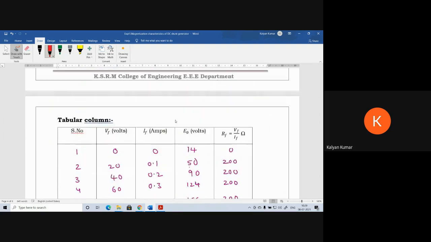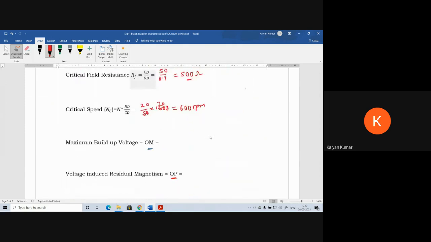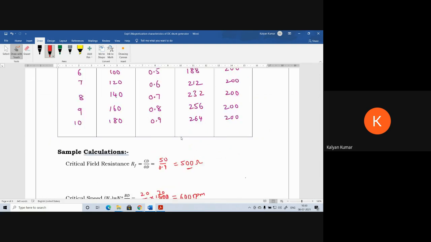Now coming to the maximum build-up voltage. Up to here it is 264, and it has increased somewhat, so I am taking it as around 290. This M point is at 290 volts, so OM will be 290 volts. Now OP.